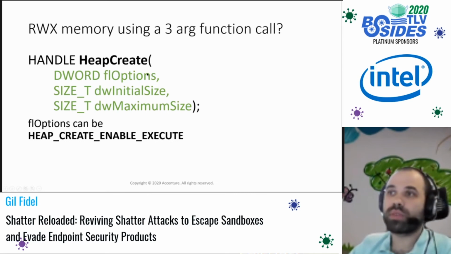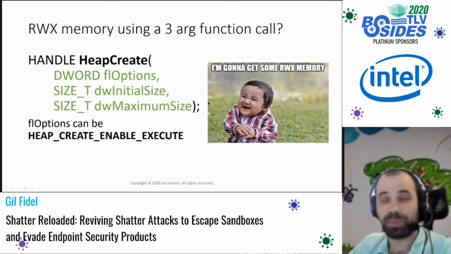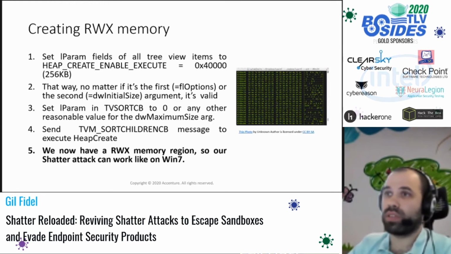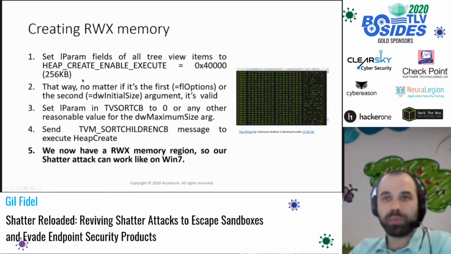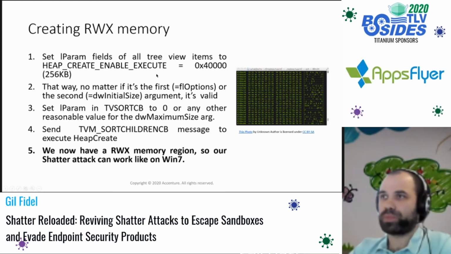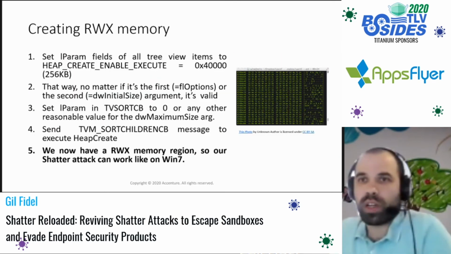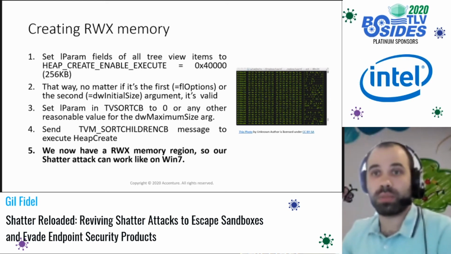And since HeapCreate receives 3 arguments, we were very happy this time. So what we did was set all the lParam fields of all the elements in the tree view to the value of HEAP_CREATE_ENABLE_EXECUTE. As you remember, in the compare function, the first two arguments are the lParams of the two items being compared.